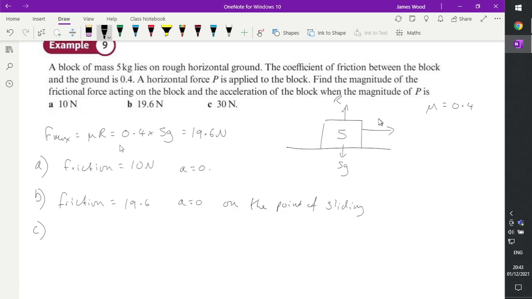Then part C, if it's 30 newtons to the right, well, in that case, the friction is definitely going to be at its maximum of 19.6, and we can resolve to the right. 30 minus 19.6 equals 5a, then we can find a. 2.08. There we go.